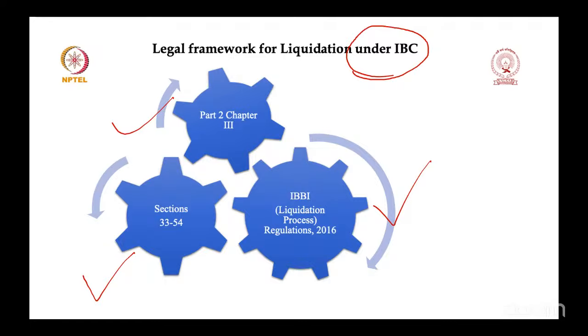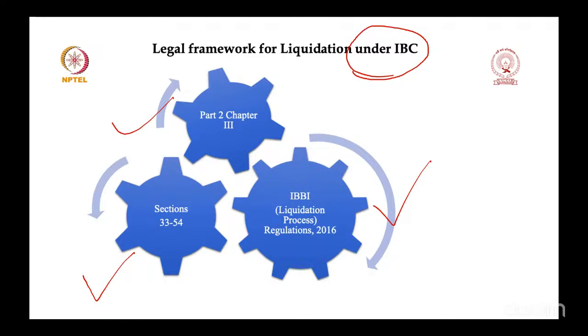So firstly, whenever there is a bankruptcy scenario, we have to look at the Insolvency and Bankruptcy Code, under that specific chapter pertaining to the activity. Like in the case of the corporate insolvency resolution process, we have a separate chapter, and when it comes to liquidation, we have a separate chapter.